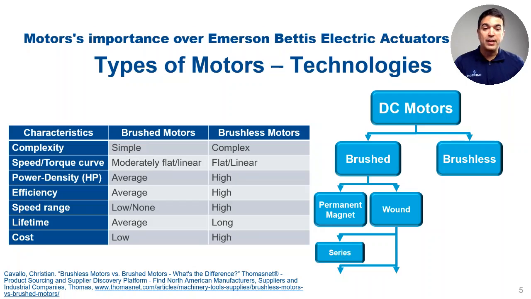The first one is the series type, where the field is connected in series with the armature. It produces huge starting torque and non-constant speed. A lift is a good example. The second one, the shunt type, where the field is connected in parallel with the armature. There are two versions, separately excited and common source.